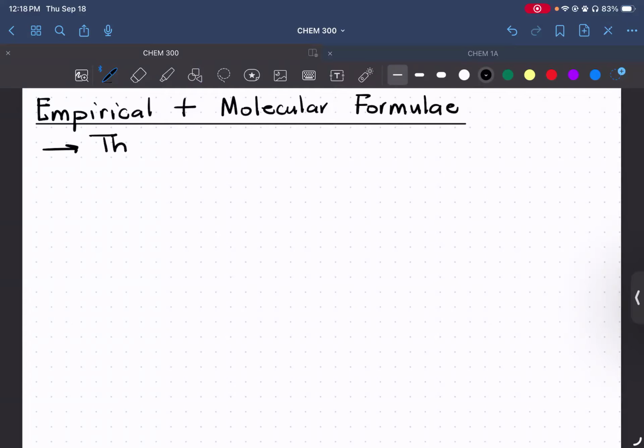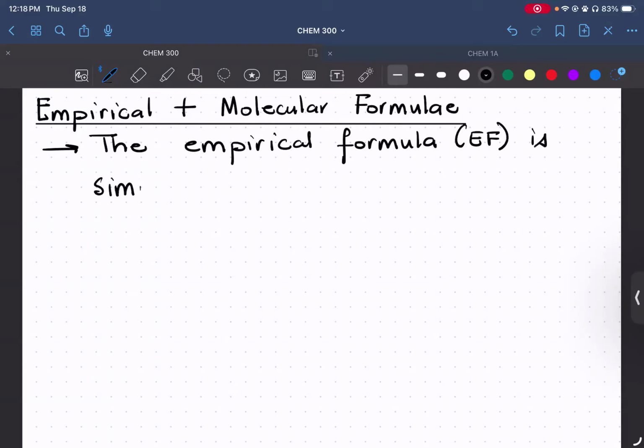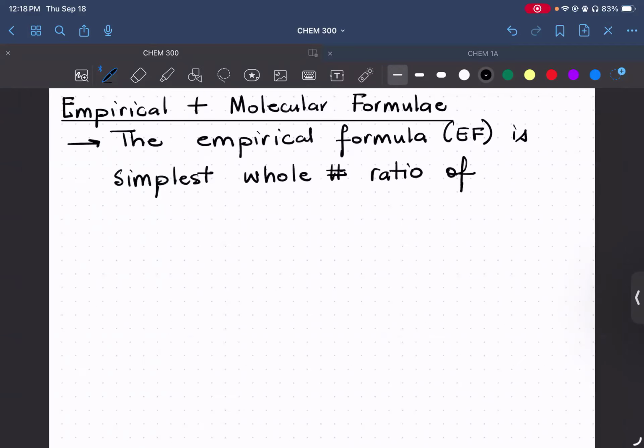The empirical formula of a molecule, henceforth I will abbreviate it as EF, is the simplest whole number ratio of atoms in a molecule.